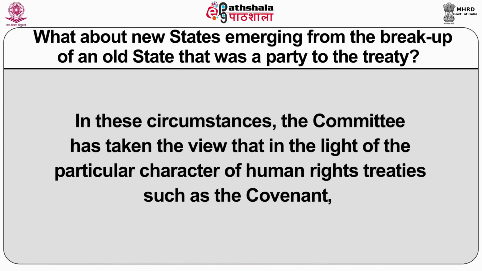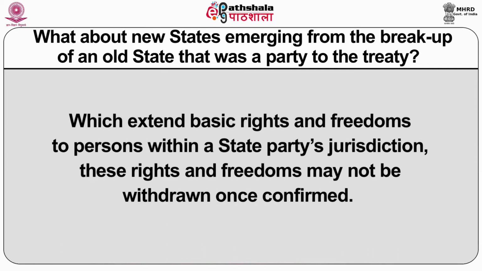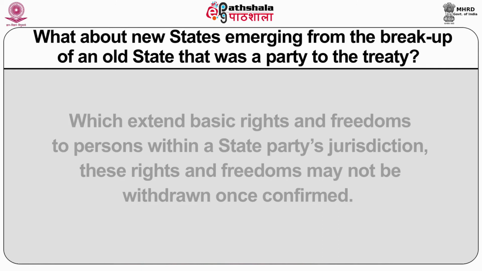In these circumstances, the committee has taken the view that, in the light of the particular character of the human rights treaties, such as the covenant, which extend basic rights and freedoms to persons within a state party's or parties' jurisdiction, their rights and freedoms may not be withdrawn once conferred.